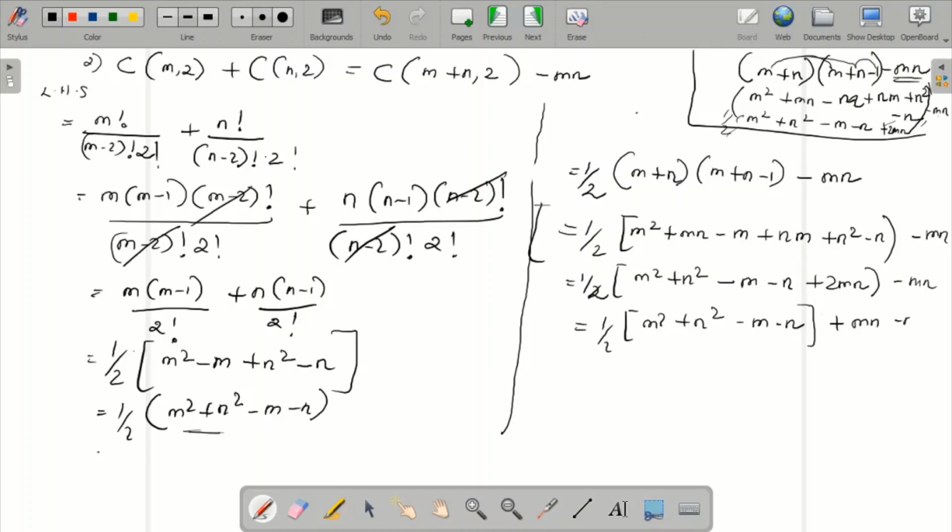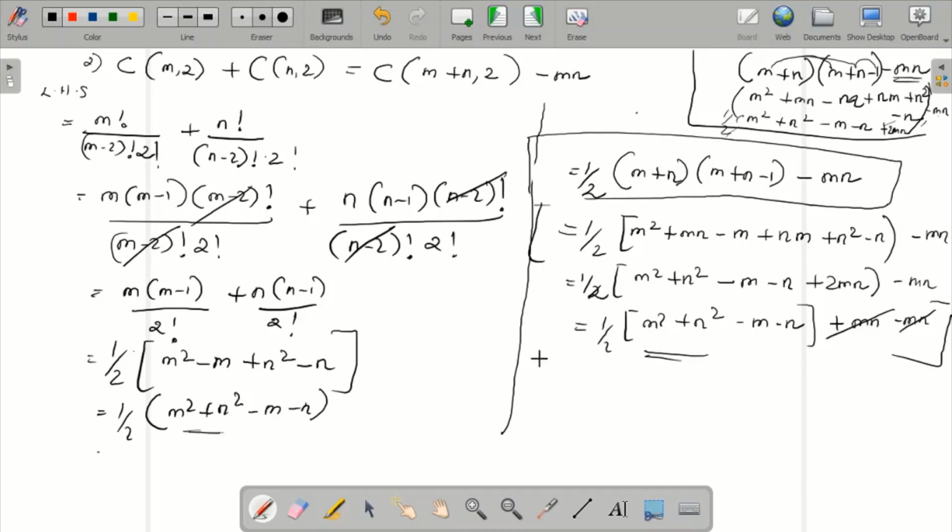That will be plus mn minus mn, so this and this get cancelled. Finally, it resolves to this itself. So that's why instead of this, I can write it in this form.